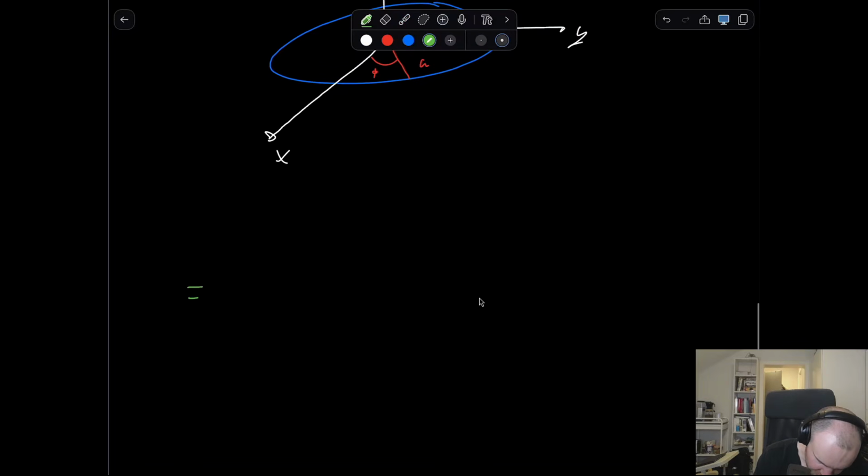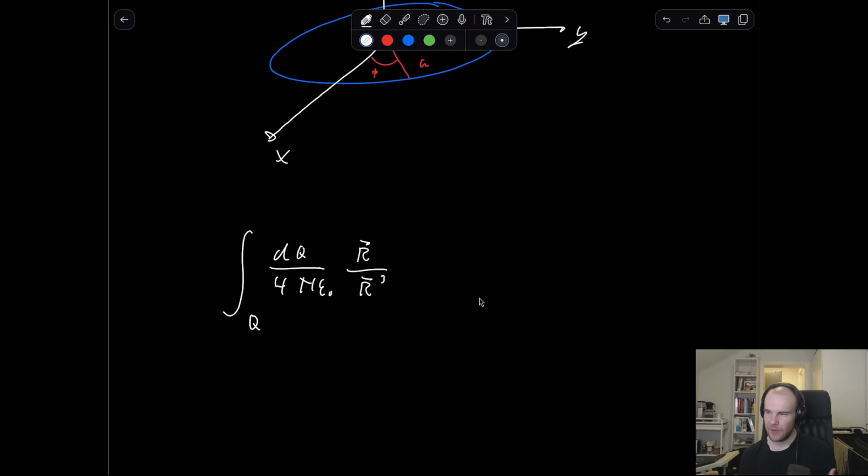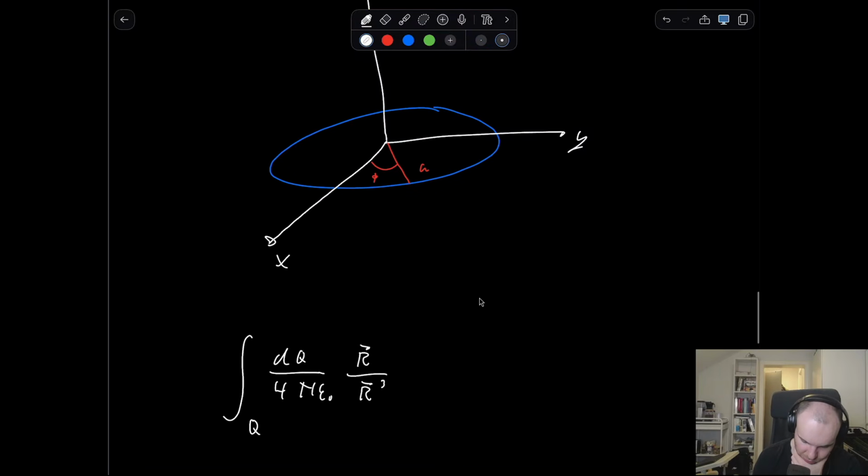We can write that in terms of an integral, and it's smart to start with this dq, just to make things clear. Epsilon 0, and I don't want to use r hat, so I use r over r cubed. Then we can do some clever things here, because since it's uniformly charged, rho L is just Q divided by the total length, that's Q divided by 2 pi a.